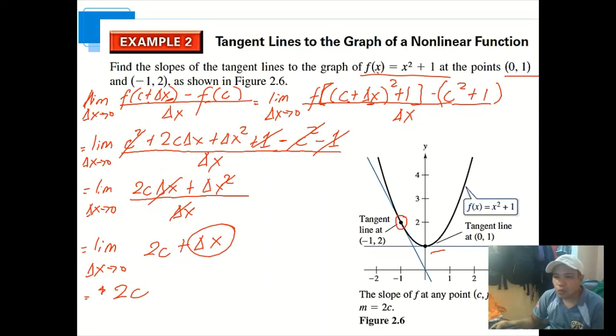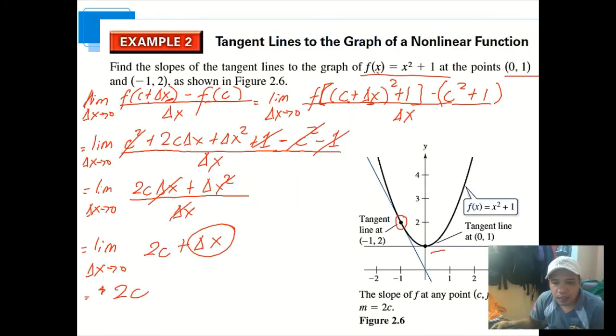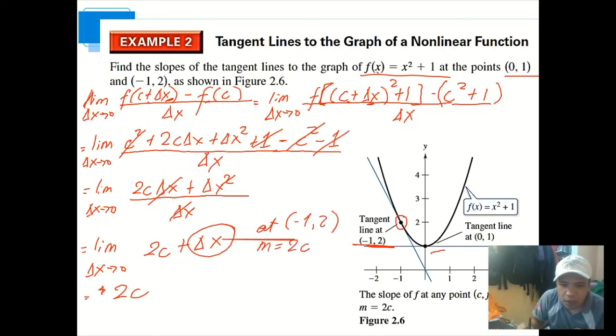Okay, so what is the slope of the line at a tangent line at negative 1, 2? So, negative 1. So, una dito, gagamitin natin 2c. At negative 1, 2. So, m is equals to 2c. So, that is equals to 2 times negative 1 or negative 2.